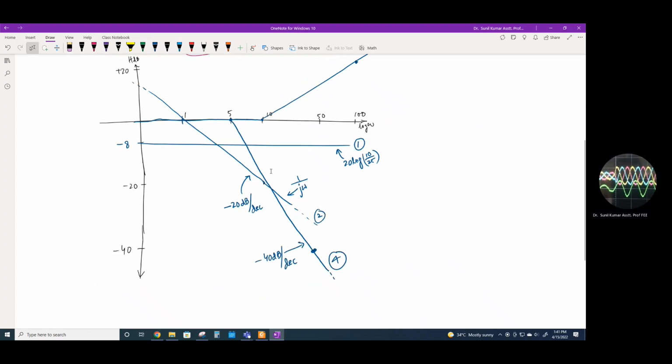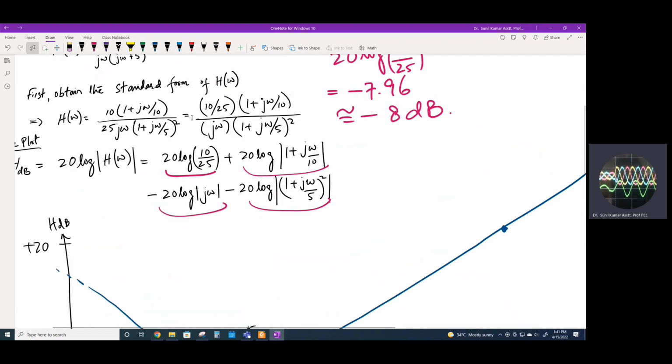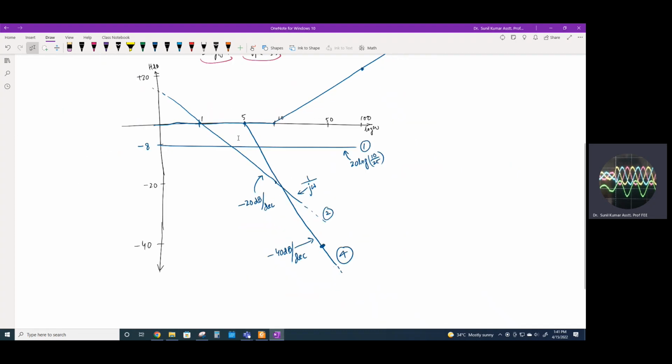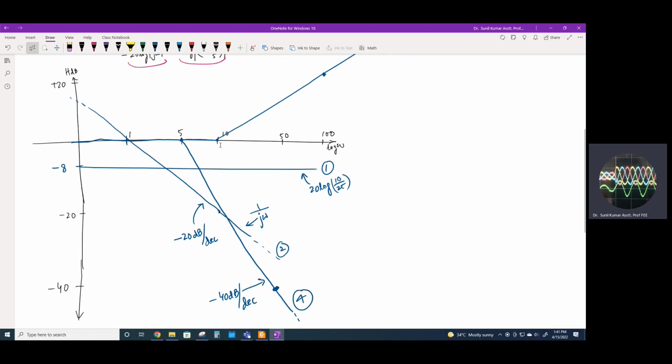And now we have plotted all the individual lines using the standard form of the transfer function. And now we will add them graphically to get the final resultant transfer function. So let's look at the overall diagram. We have some transition points at omega equals 5 and 10.